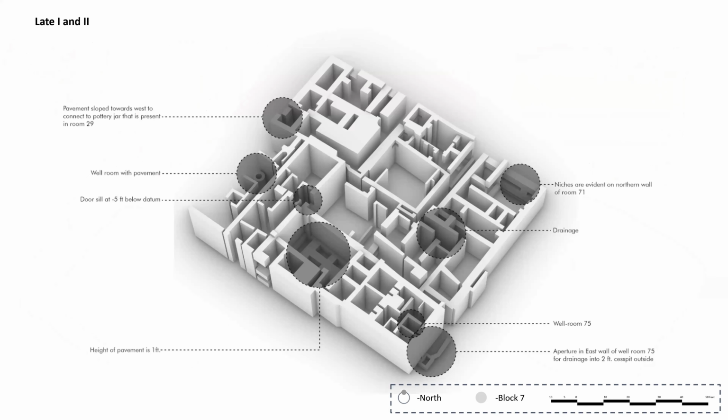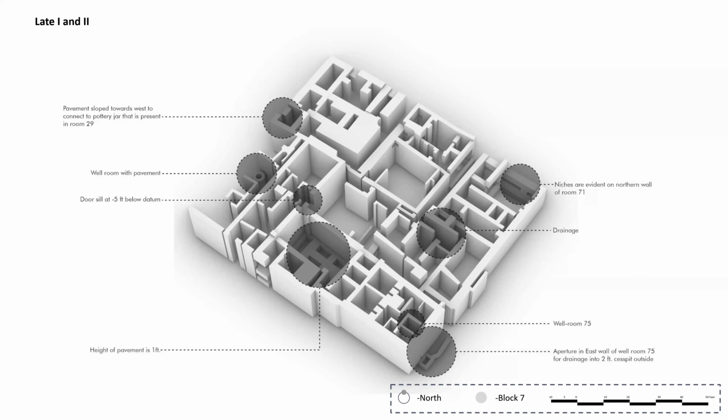The way we came up with this model is we started with 2D plans, and then we did the line work on top of the plans. Once we had the basic line work, we started relating it with the sections that we have to give heights and develop extrusions. Additionally, we utilized Mackey's excavation report to cross-check and also provide details like rooms, cesspits, drainage, pavements, etc. in terms of height and depth.